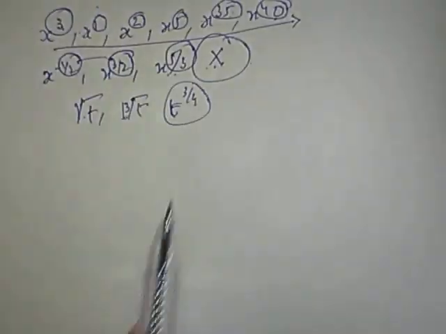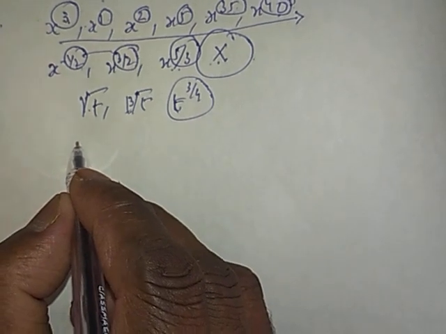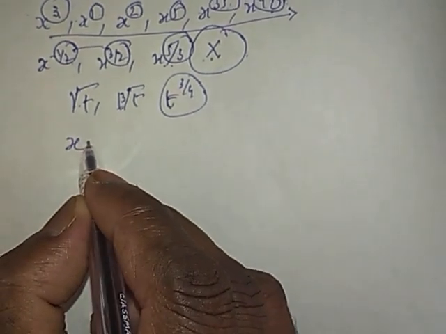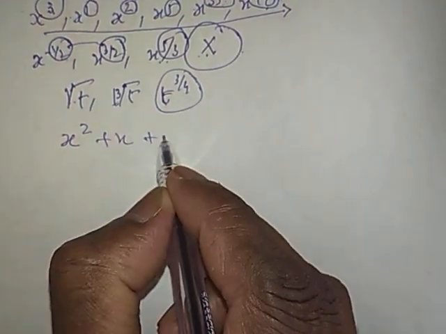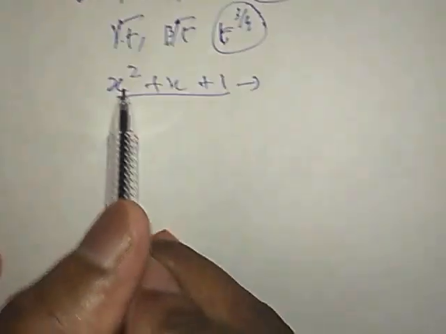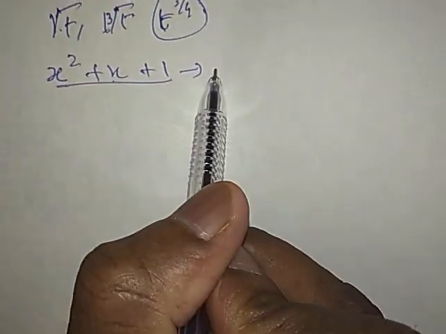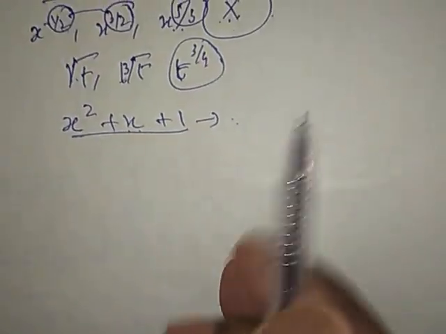Now, when is it called one variable? When the polynomial has only one variable, say x square, x, or a constant. Here the only variable is x, so it is called one variable.